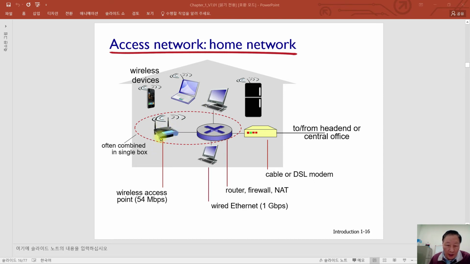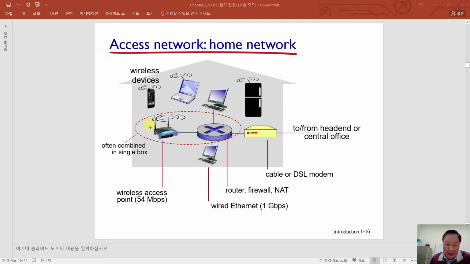Usually this is provided by the internet service provider, and also this is the router symbol, and sometimes these functionalities are often combined in a single box.